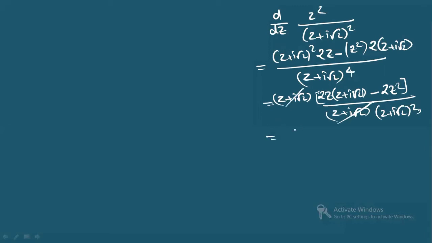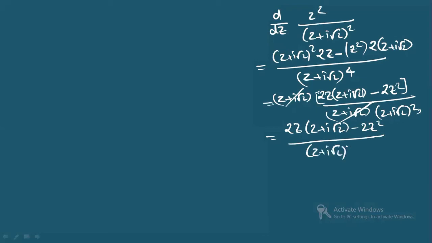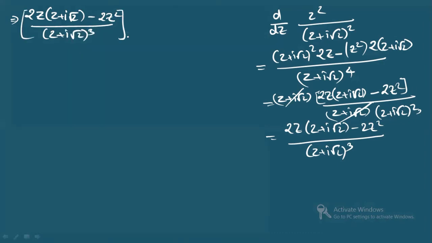One factor will get cancelled, and finally you can write it to be equal to 2z (z plus i root 2) minus 2z square by (z plus i root 2) whole cube, at z equals i root 2.